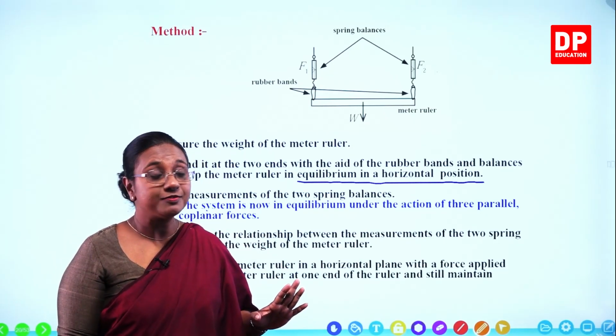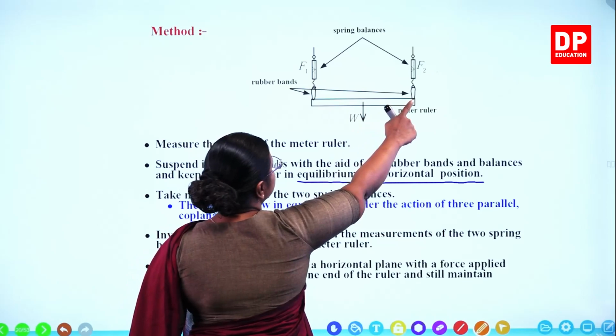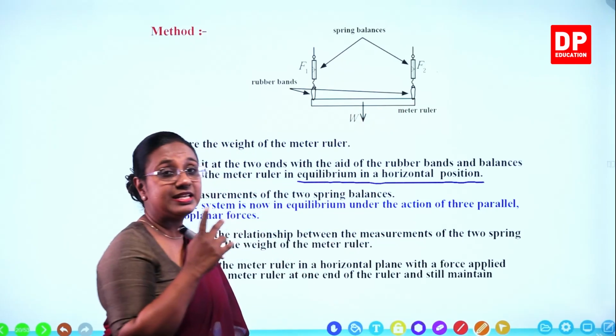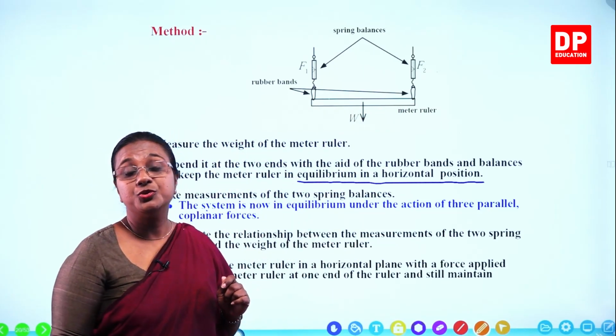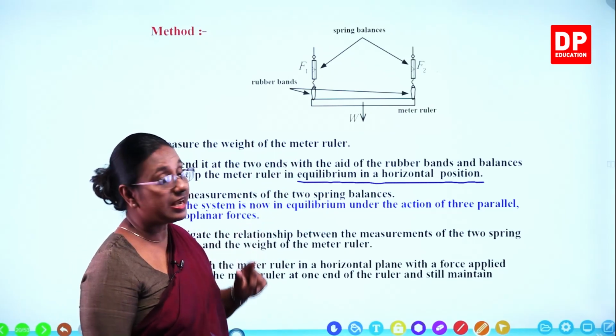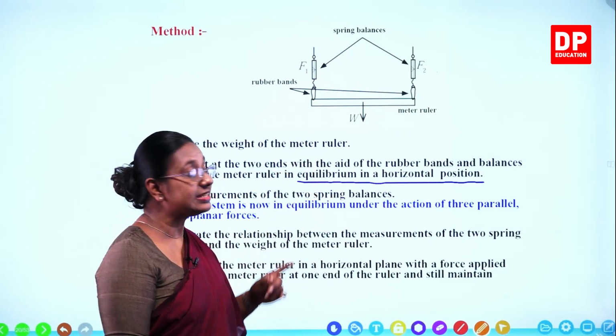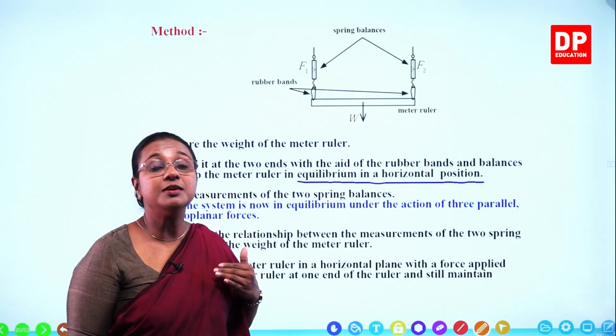What are the coplanar forces? The tension acting on the two rubber bands, that is what we read using the two Newton balances as F1 and F2, and there is the weight acting downwards, the weight of the meter ruler.